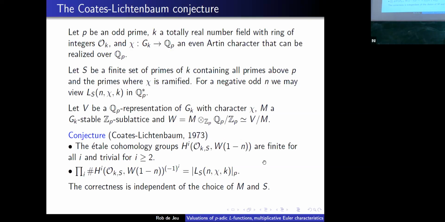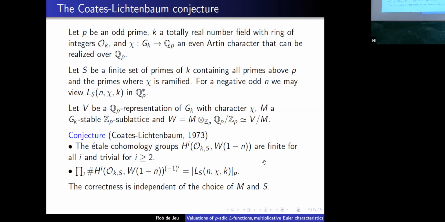It started with us getting interested in a paper by Coates and Lichtenbaum, Annals 1973, where they formulated a conjecture, which is I think more general than one published by Lichtenbaum sometime before that. Of course, they also proved some cases at that stage already.